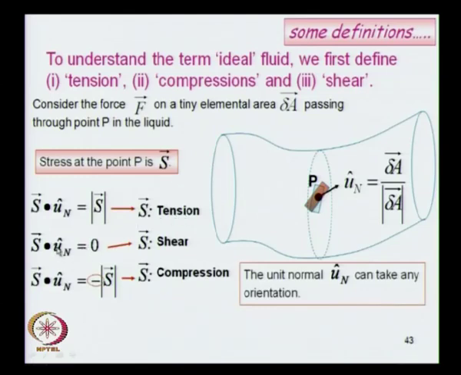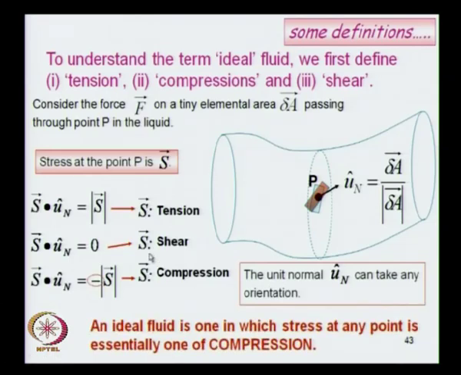If it is orthogonal to it, if it is 0, then we say it is shear, and if it is equal to the negative of the magnitude, then you say that the stress is one of compression. And an ideal fluid is one in which the stress at any point is essentially one of compression. We had used this definition in unit 8, and we need it one more time, hence the quick recapitulation over here.